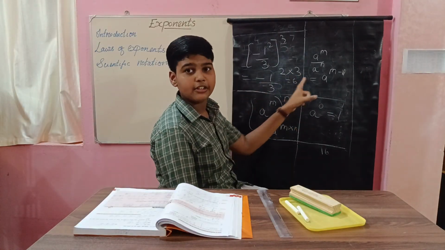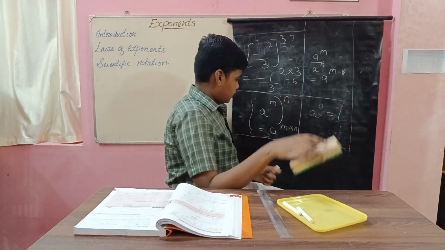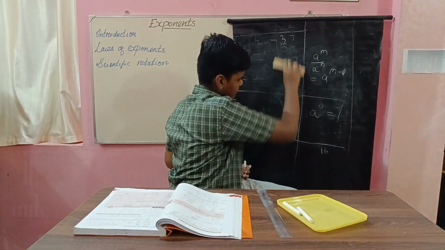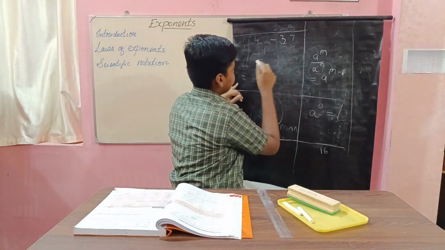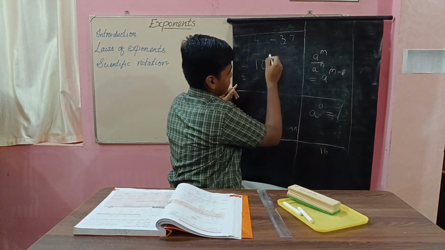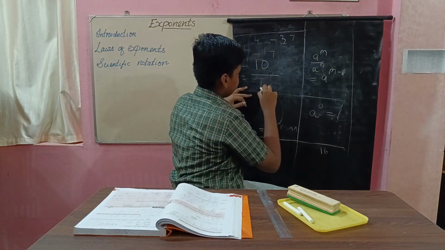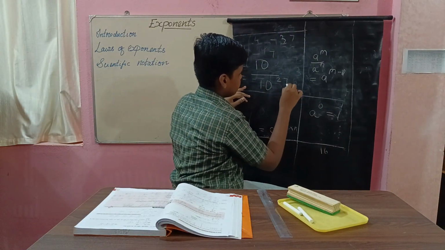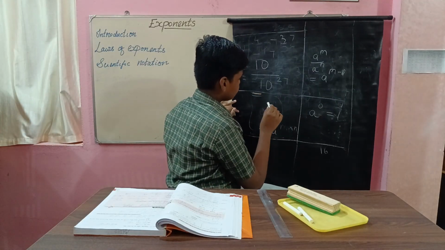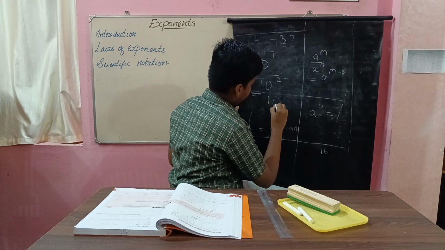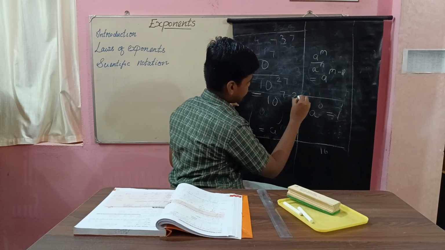So minus 1 by 3 to the power of 6. So this is over, the product law is over, and I'm writing this also here. Now let's take 10 to the power of 7 by 10 to the power of 27. So it will become like 10 to the power of 7 minus 27.